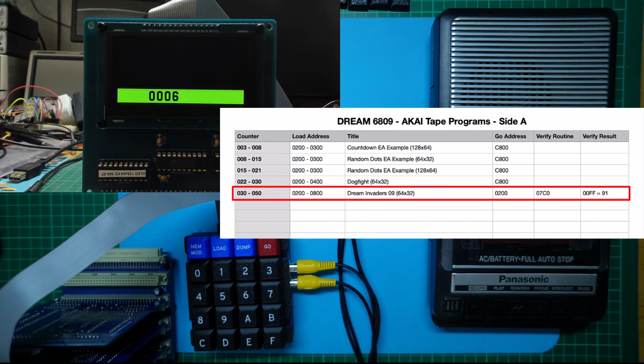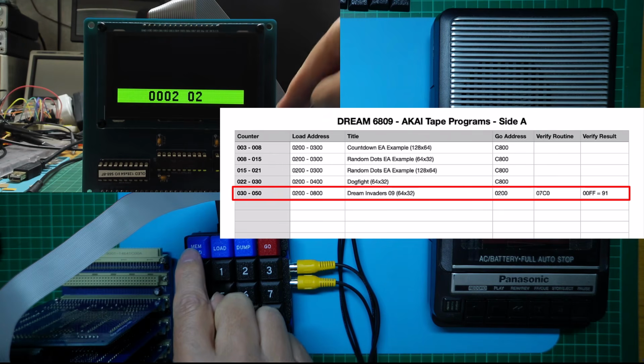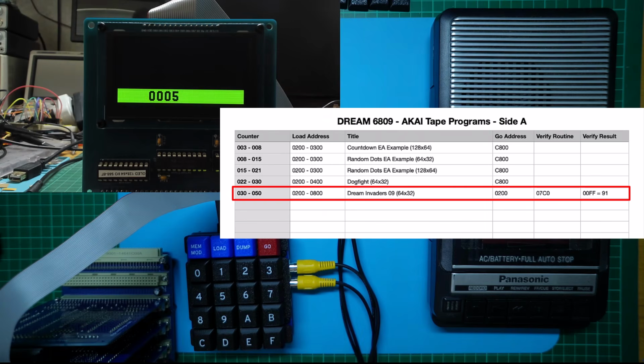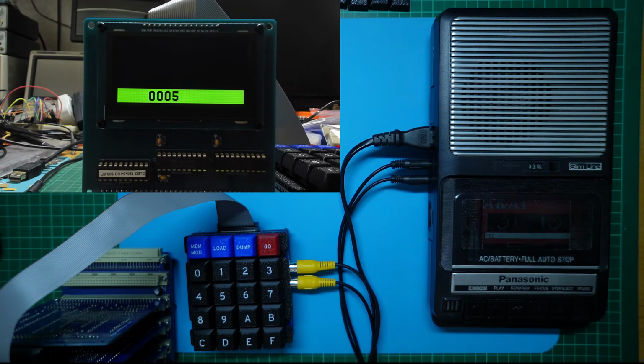And the load address of 0200 to 0800 I've inserted. So I just need to hit play and press load. And we'll see 0200 start address appear on the display. So we just need to wait for 0800 to be displayed to indicate it's fully loaded.